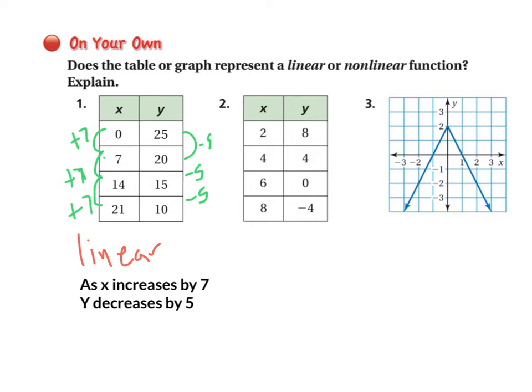All right, so let's look at number 2. This one went up by 2, so plus 2. 4 to 6 is plus 2. 6 to 8 is plus 2. Okay, 8 to 4 is minus 4. 4 to 0 is minus 4. And 0 to negative 4 is minus 4. So this one, again, would be linear, because they change very constantly.